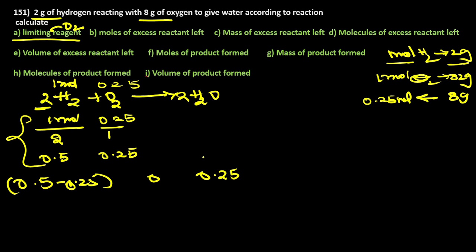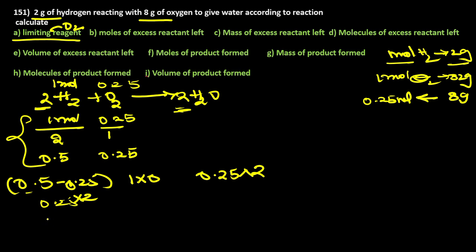But for the actual final moles, you have to multiply with the stoichiometric coefficient. This one you multiply with 2, the oxygen value with 1, and for water the stoichiometric coefficient value is 2. You multiply, and then you will get the actual moles as per the reaction and the given data. So 0.25 into 2, you will get 0.5.